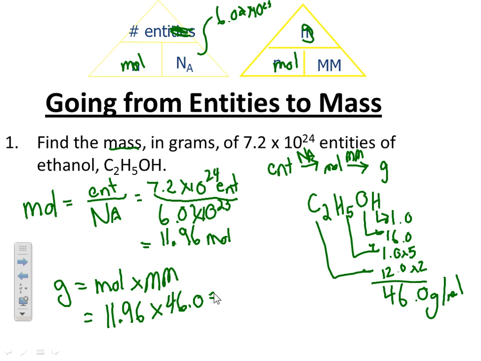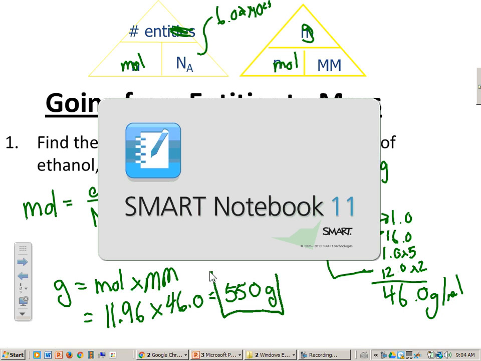So 11.96 times 46 equals 550, and notice we were looking for grams of stuff. So 550 grams.